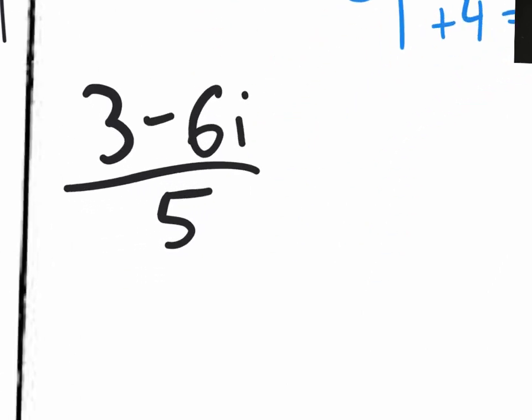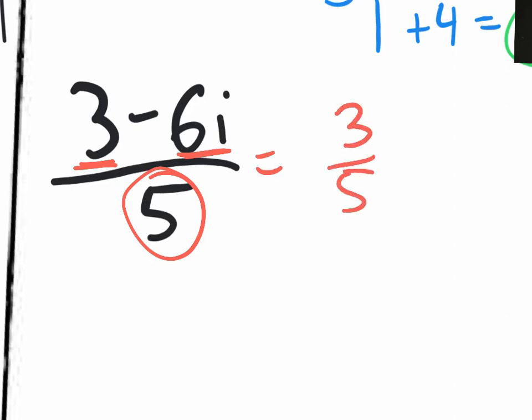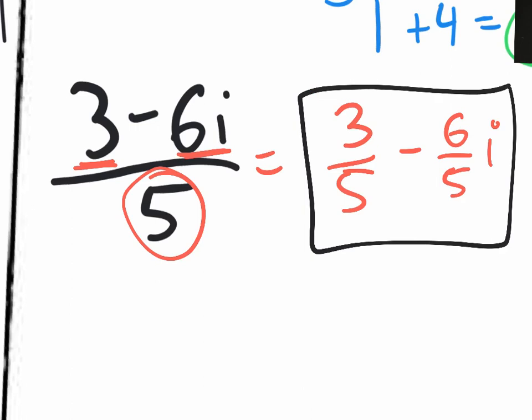So what we need to do to this answer is take that divided by 5, this divided by 5, and split it to the 3 and to the 6i. So let's rewrite it as 3/5 minus 6/5 with an i on the second fraction only. And now we have the real part right here and the imaginary part over here. So that's the appropriate final answer for that one.